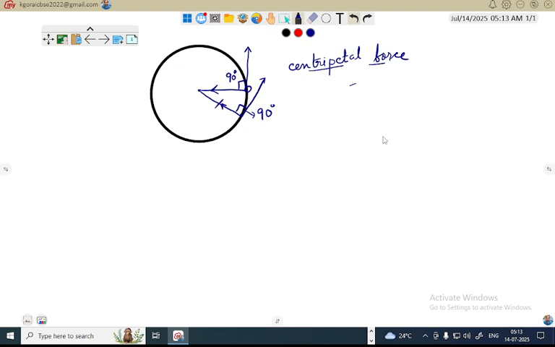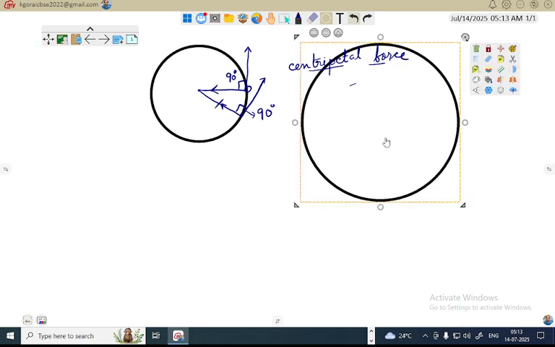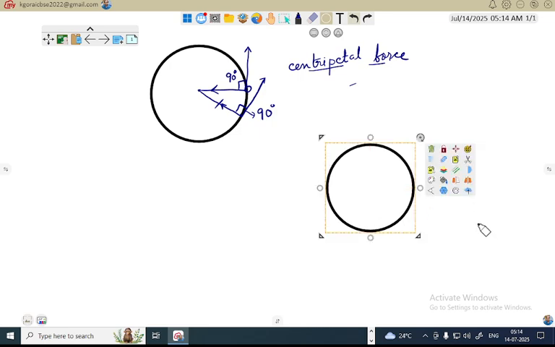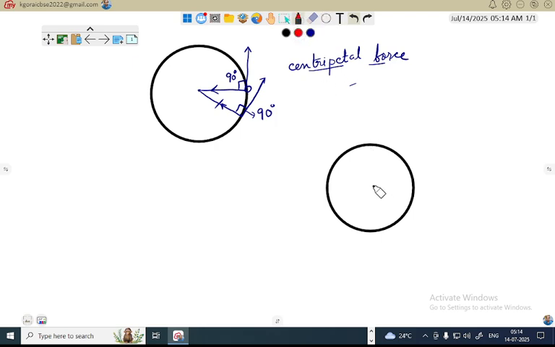Suppose we have taken a circle here, and this is the center. If we cut this thread, this object will move perpendicular, or what we call tangentially.